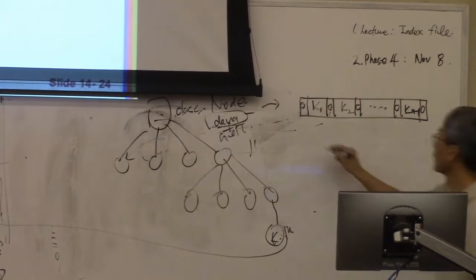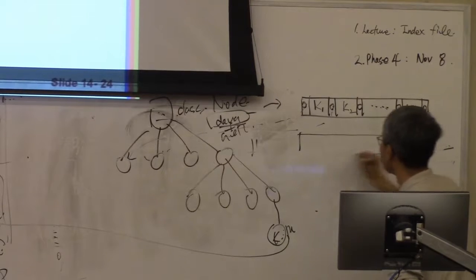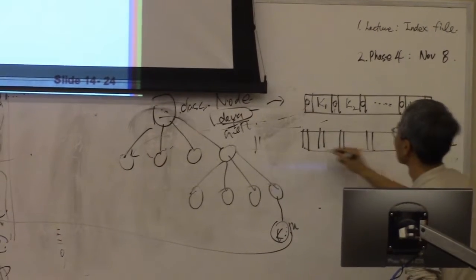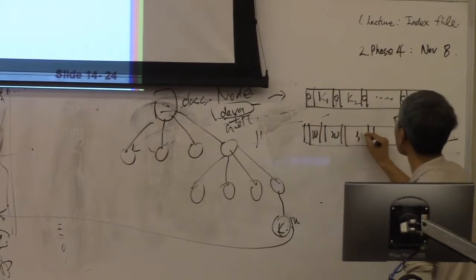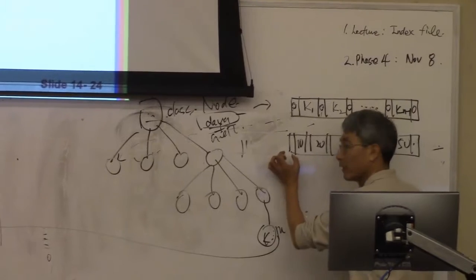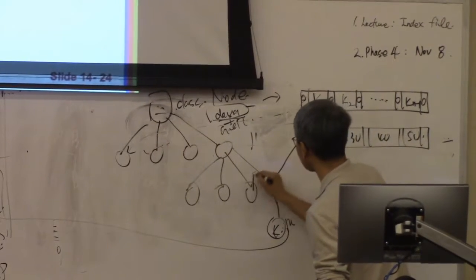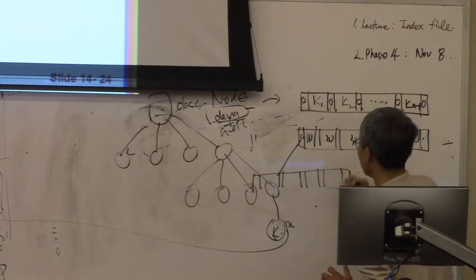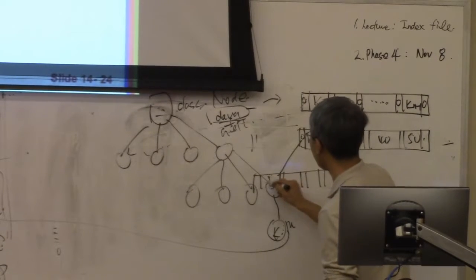So for example, if we index 10, 20, 30, 40, 50, then less than 10 is the first child. The child has the same data structure, like that. So 5, 6, 7.